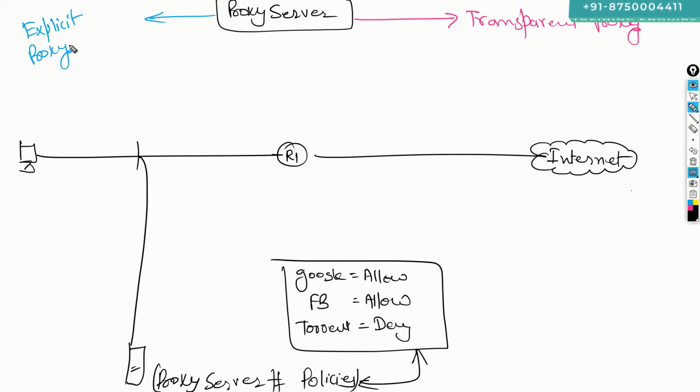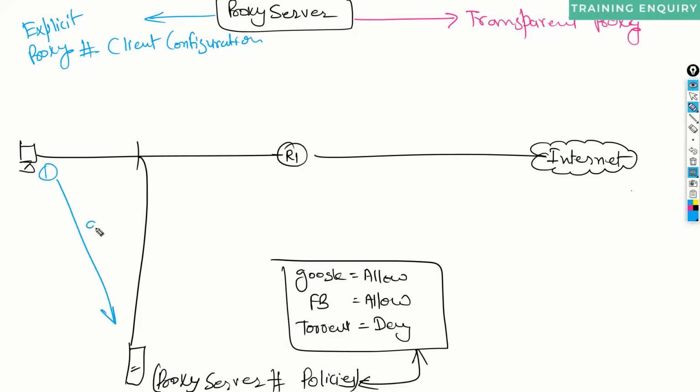Now we are using the example of explicit proxy. In explicit proxy, we do client configuration. So in explicit proxy, the client will send a request to the proxy server that I want to access Google.